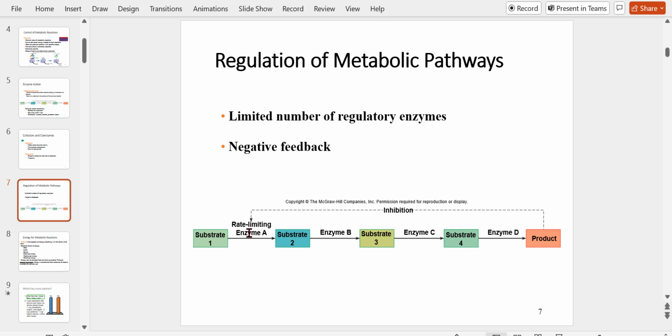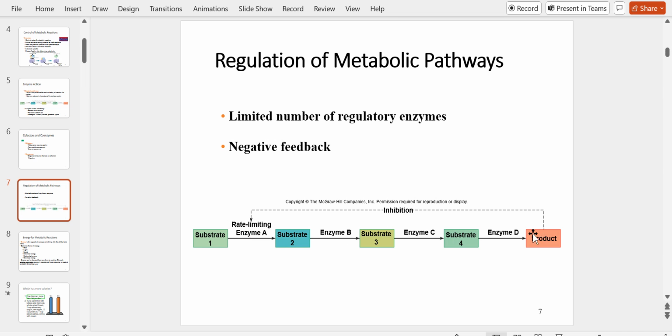Where you saw this already, substrate 1 to 2 to 3 to 4, all done by enzymes A, B, C, D, and D finally makes the end product that we are looking for. And as more product is made, it starts to interfere with the production over here.